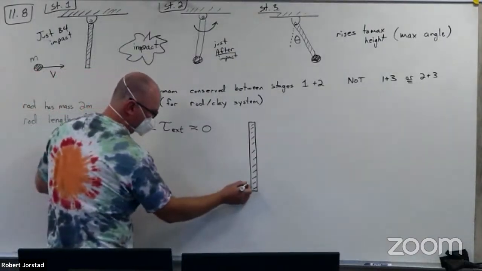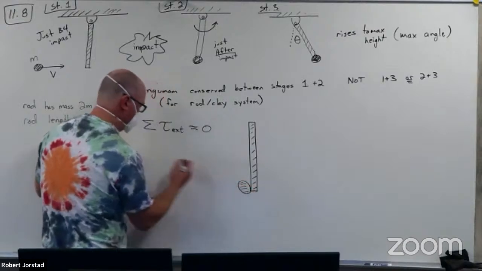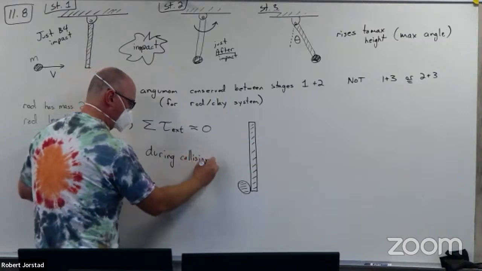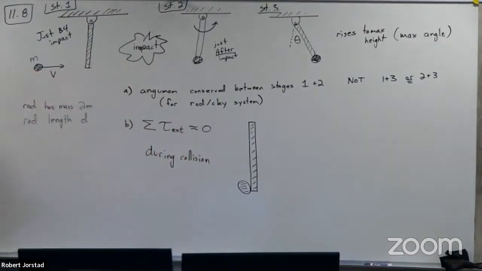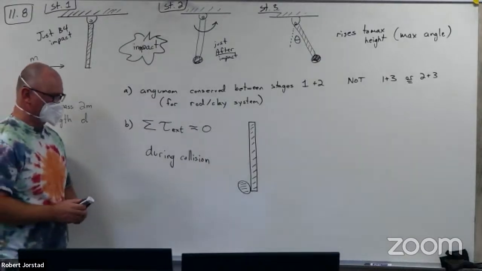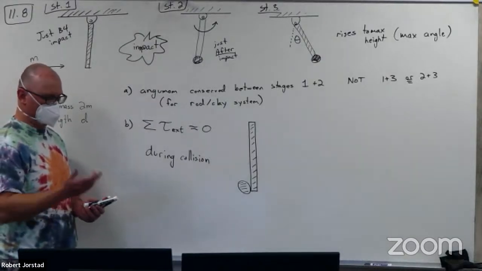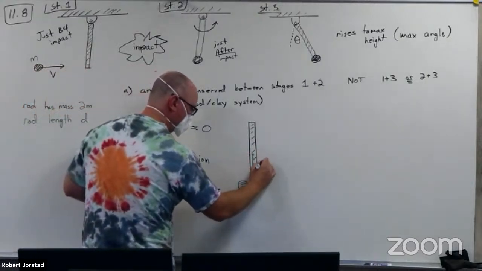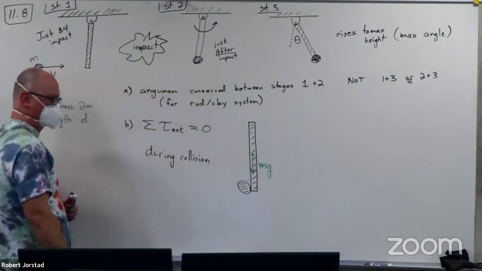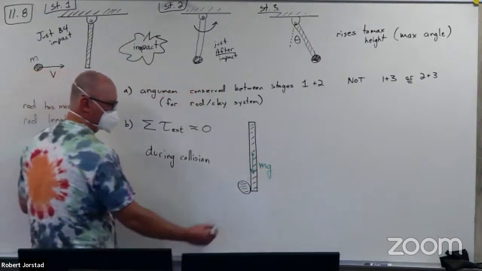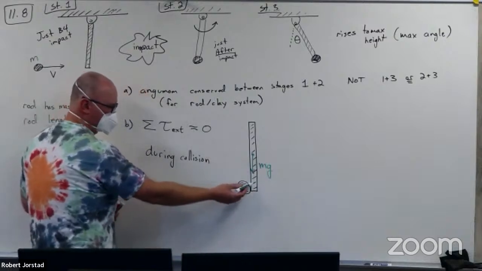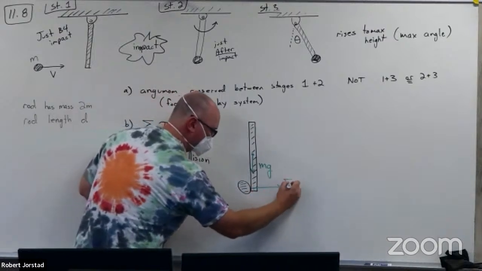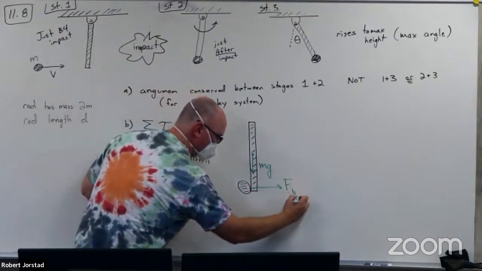I guess there's the ball here too, right? During collision. What is one force that acts on the rod? What's always there? Yeah. Gravity. What's another force? Is there a force on the rod from the ball? Yeah. Force of ball on rod.